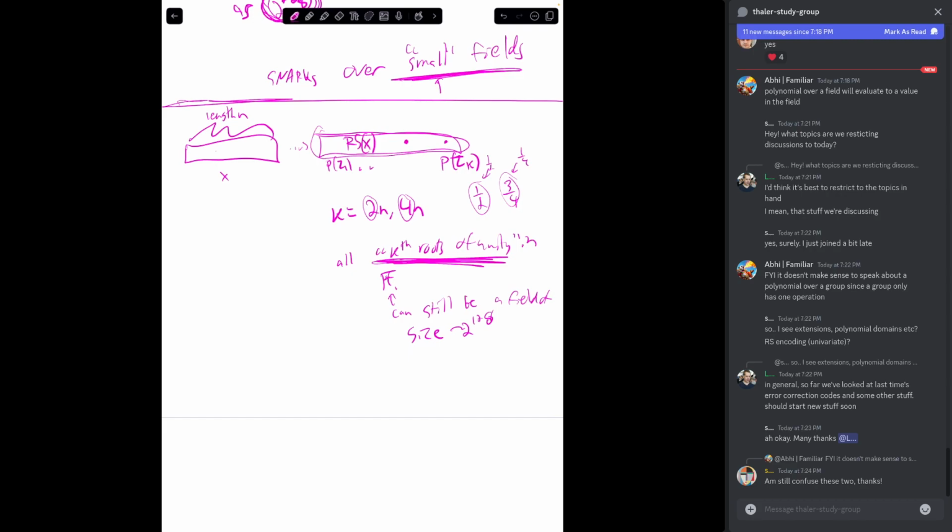It's like you give me 2 different messages X and Y, and their encodings can agree on up to half or a fourth of the coordinates.